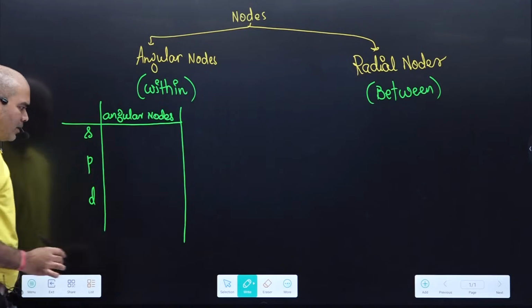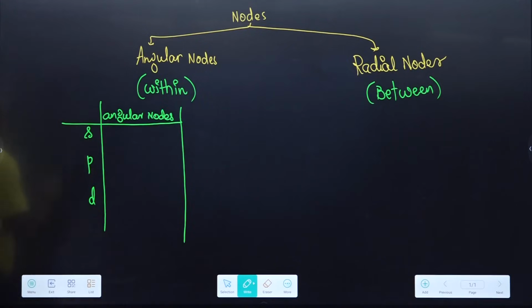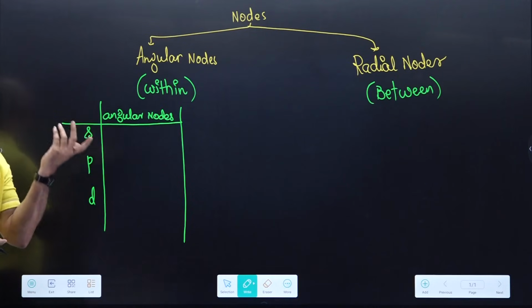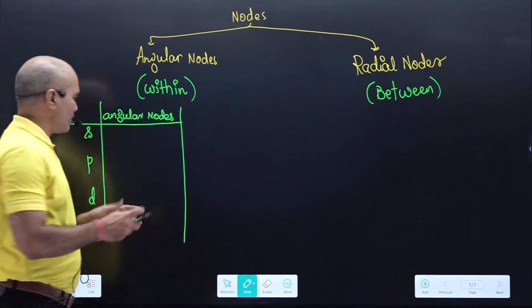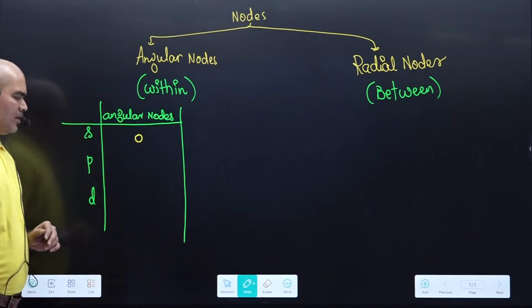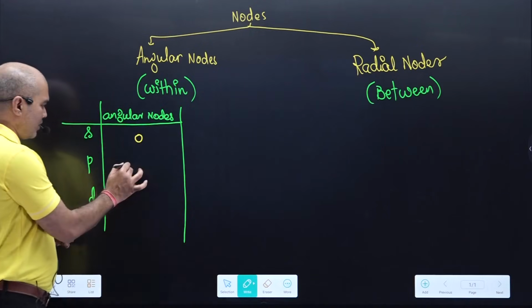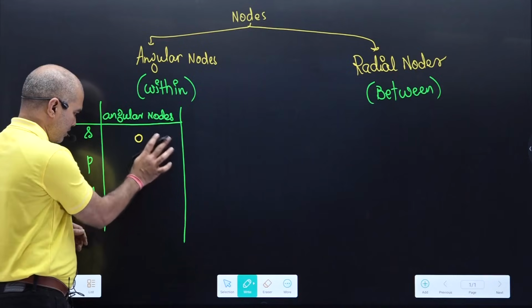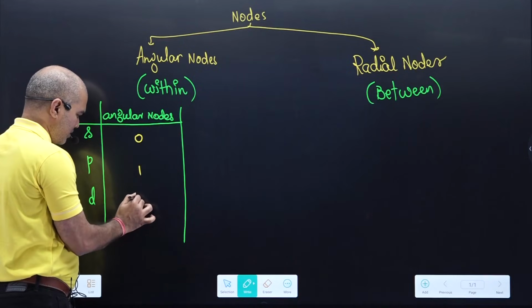For s orbital, just now we discussed, 0. Angular nodes only, not the total number of nodes. P orbital, 1 node. D orbital, 2 nodes.